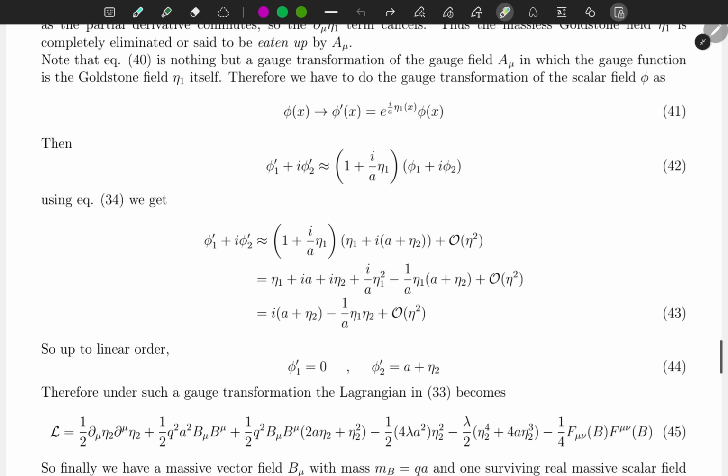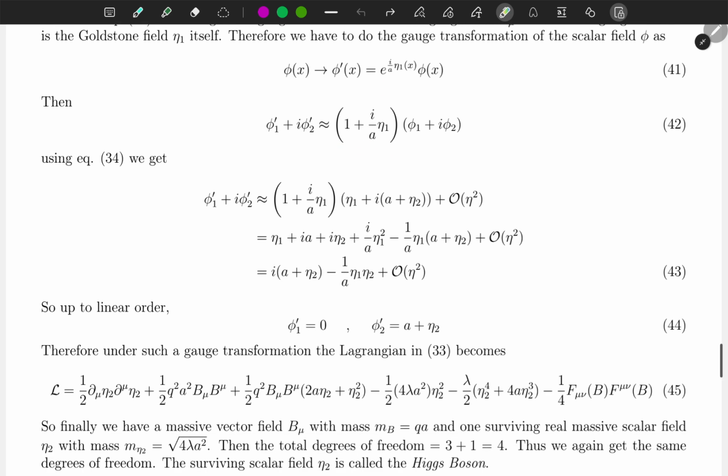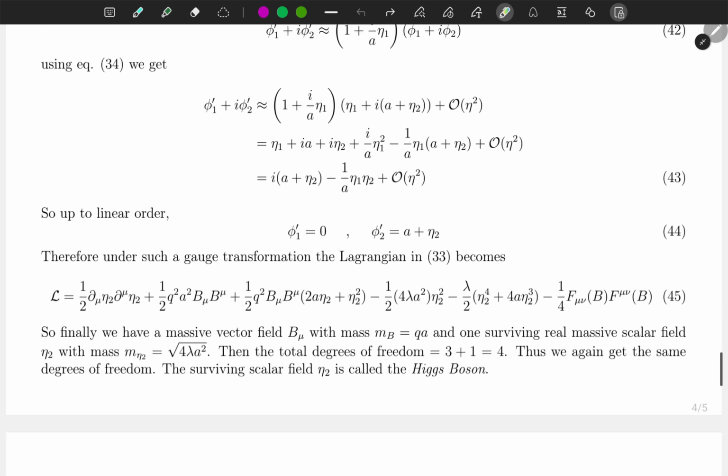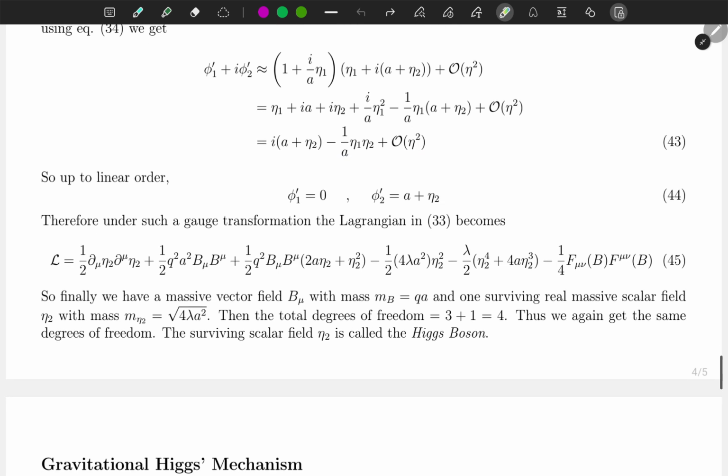As you know, this eta 1 is a very small fluctuation, so you can approximate this exponential by the linear order term, and you just write phi in terms of the real fields here also. Then you just expand and take the linear order, neglecting all the second order and higher order terms.